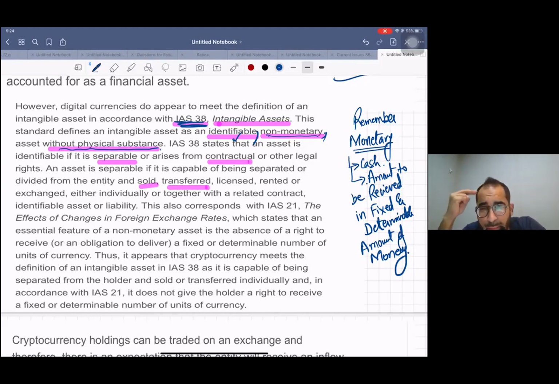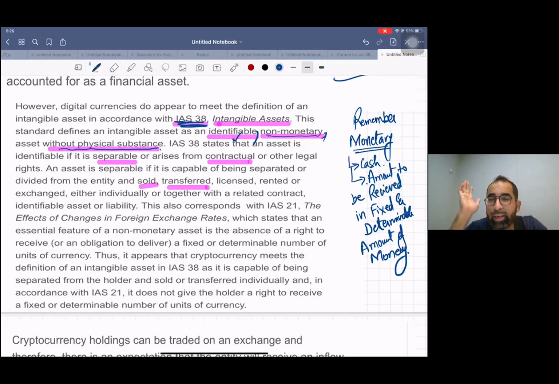If you think in depth, you will find these two conditions are not met by cryptocurrency. Cryptocurrency is not cash, and cryptocurrency is not a receivable. You don't have any contract with any third party that you will receive a fixed amount in future. So it's not a monetary item, it's a non-monetary item.